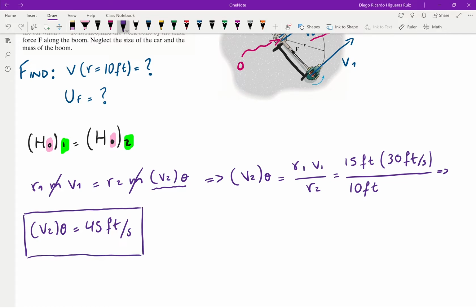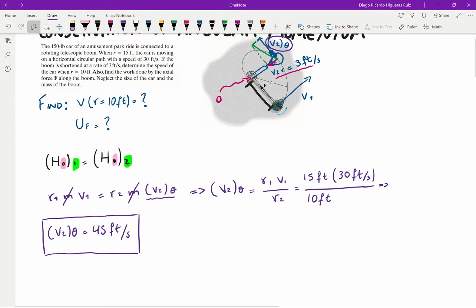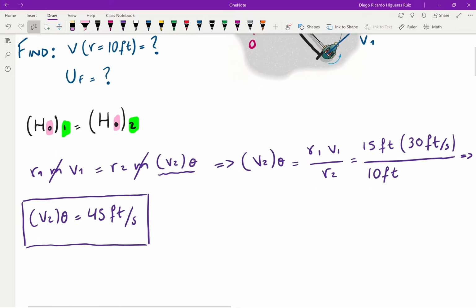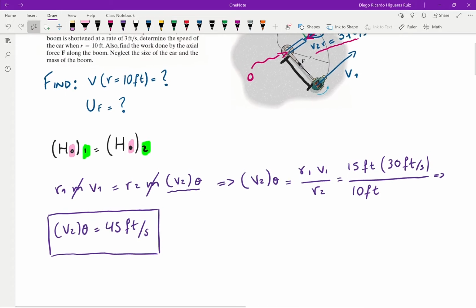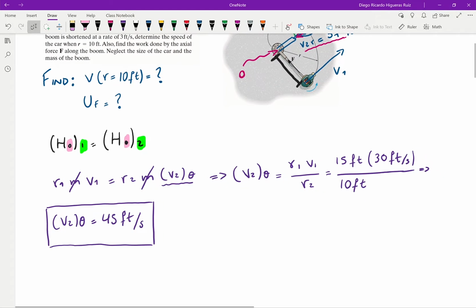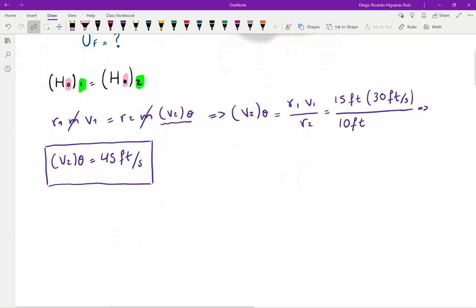The second part is to calculate the work generated by the force of that arm. So to do that, we are going to use the principle of work and energy.